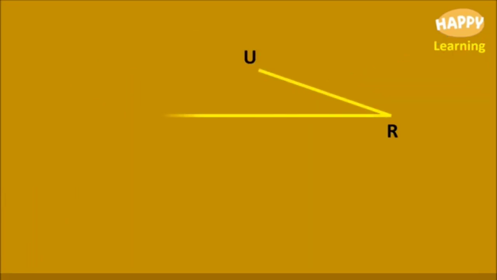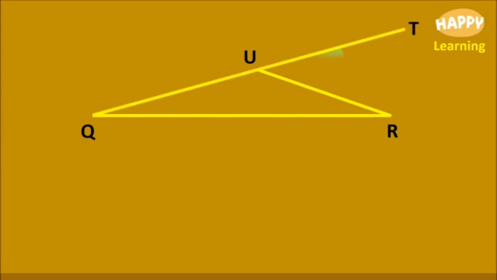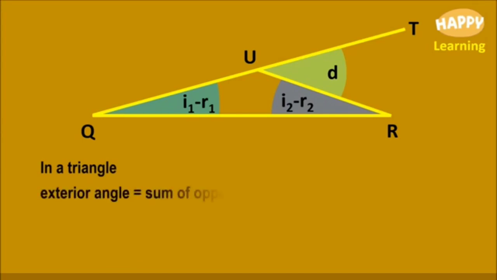Observe the interior angles in the triangle URQ. This angle is one of the exterior angles. This one is an interior angle and this is another interior angle. In a triangle, the exterior angle is equal to the sum of the opposite interior angles.